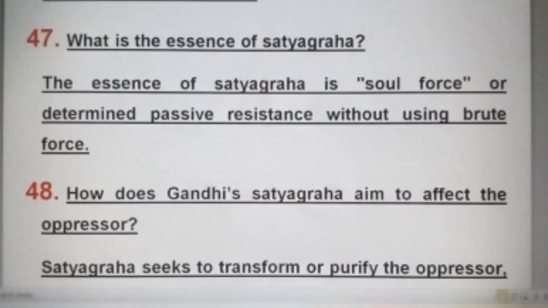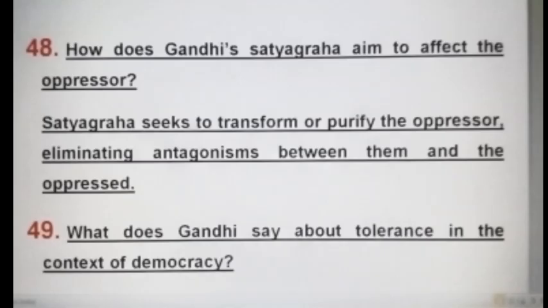How does Gandhi's Satyagraha aim to affect the oppressor? Satyagraha seeks to transform or purify the oppressor, eliminating antagonisms between them and the oppressed. What does Gandhi say about tolerance in the context of democracy?